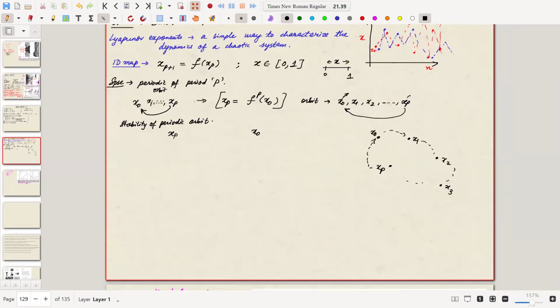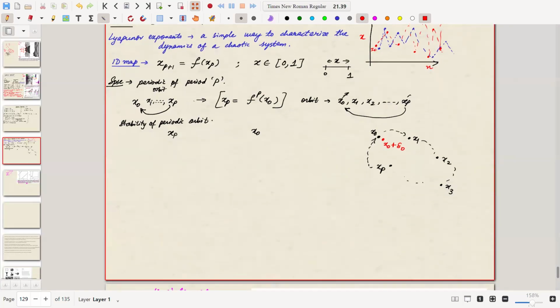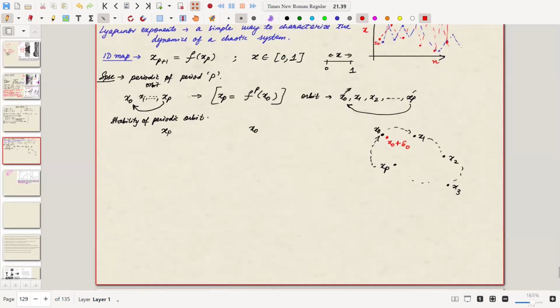Now my question is a very important question. If I disturb the orbit at x naught, this is x naught plus delta naught. It will be just shifted by delta naught, no?